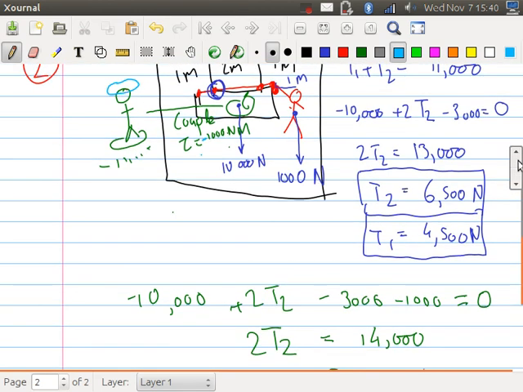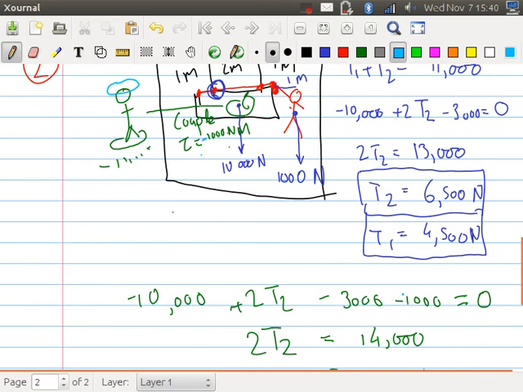Listen carefully. 1,000 Newton meter turning force is positive, anti-clockwise. Now let's pretend I do the other direction, clockwise. So now it's negative.